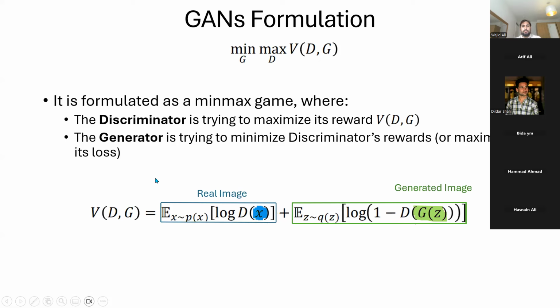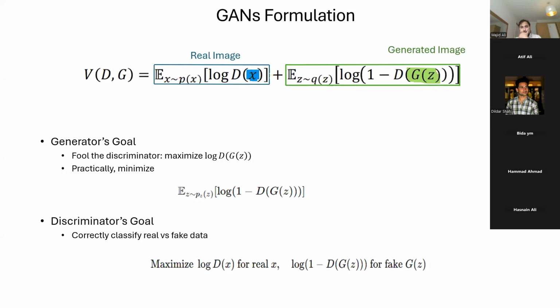All the generator wants is to minimize this part of the equation, so that the discriminator thinks these are actual, real images. The generator's goal is to fool the discriminator, or maximize the log of D of G of z.